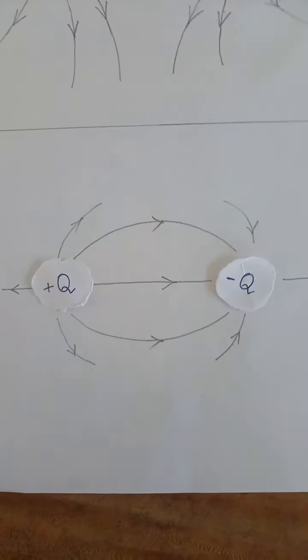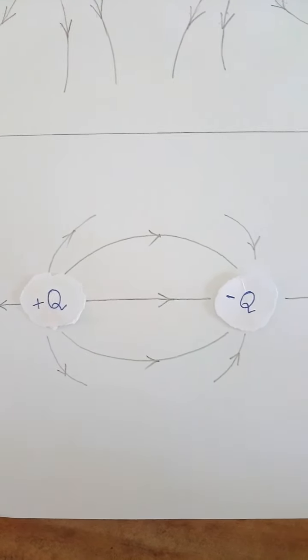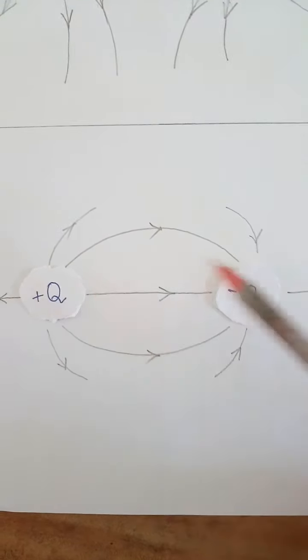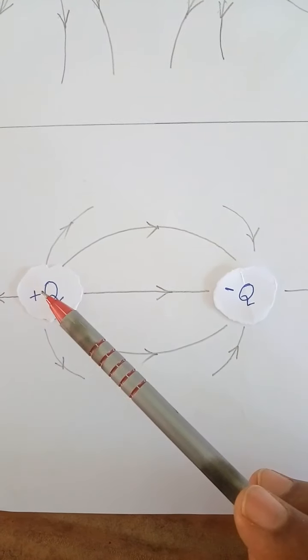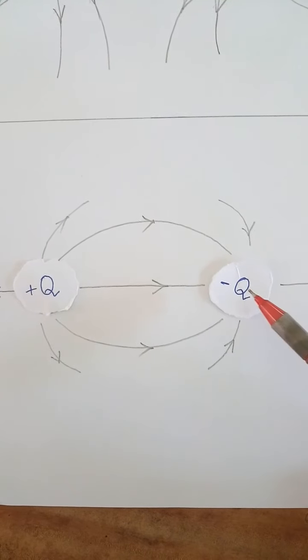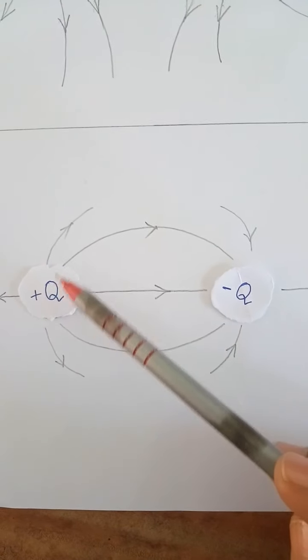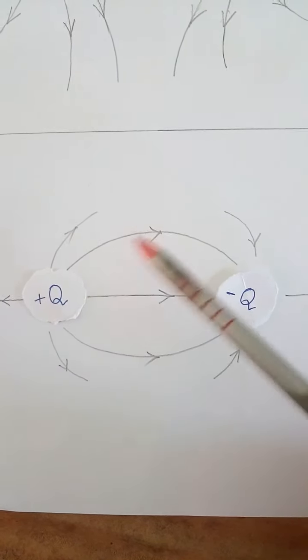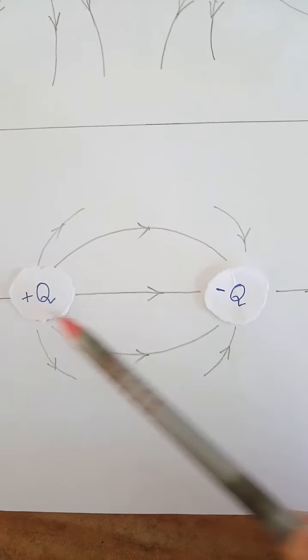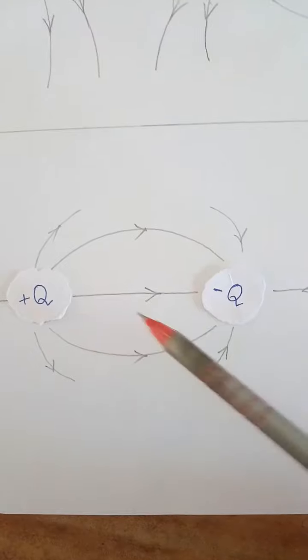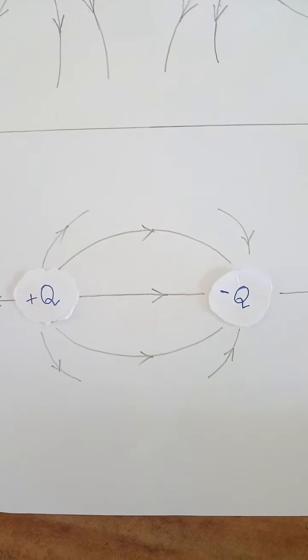Now assume a situation where there is a pair of charges having equal magnitude, but the polarity is just opposite, positive and negative. From positive the field lines are coming out, and for negative they are going in. If such a pair is there, it is known as an electric dipole.